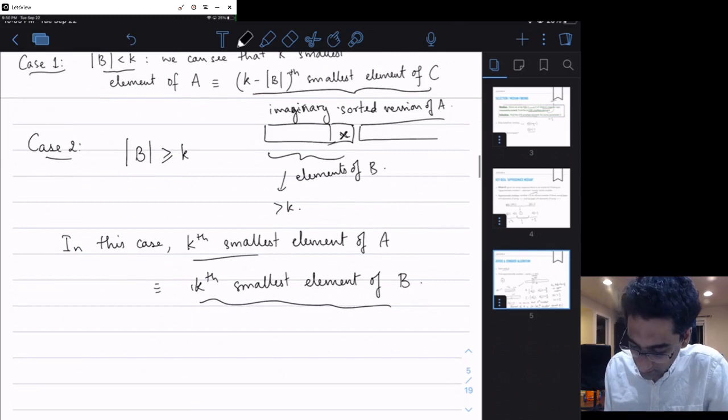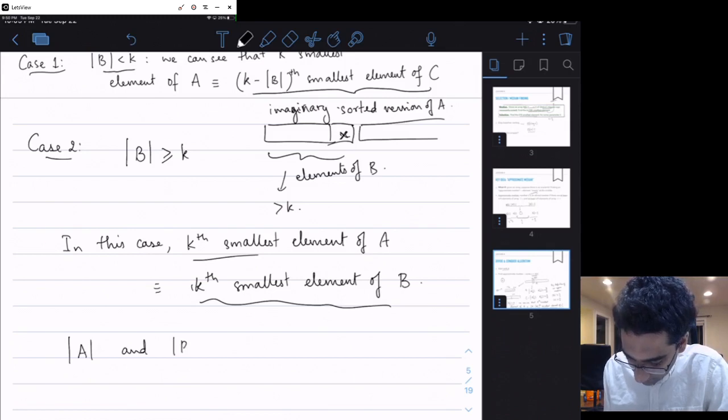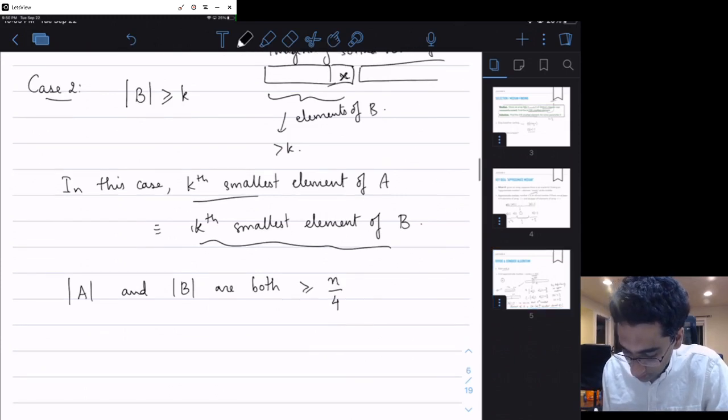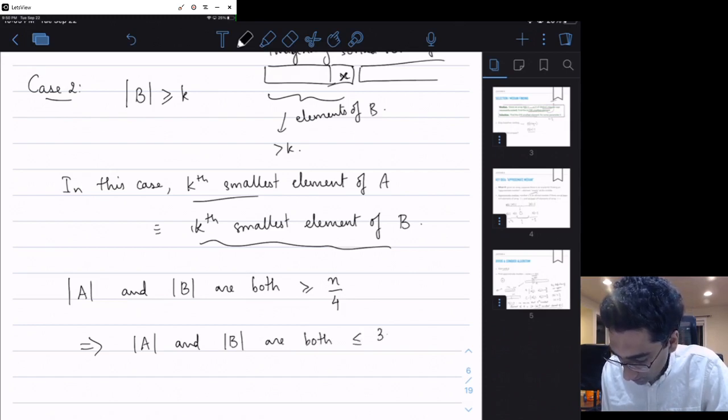Okay, so we know that size of B and size of C are both bigger than or equal to n by 4. That also means that size of B and size of C are both less than or equal to 3n by 4. Why is that?